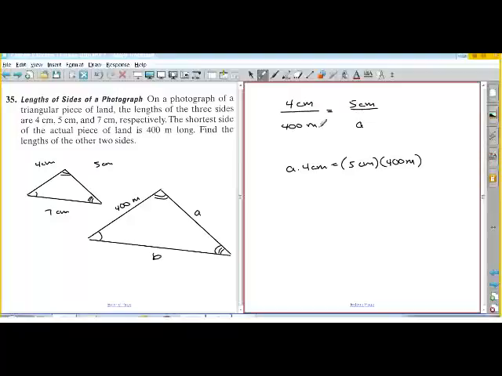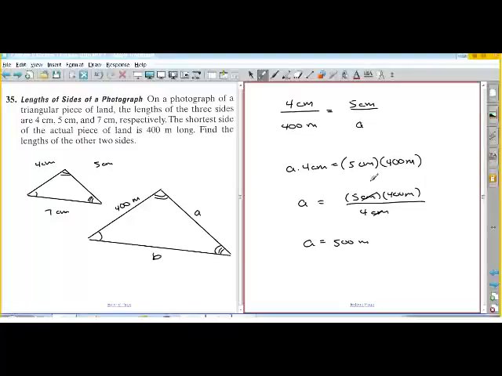So I've got A times 4 centimeters equals 5 centimeters times 400 meters. And then I divide both sides by 4 centimeters. So the centimeter units cancel out, and that leaves me with meters, which is what I would have expected.